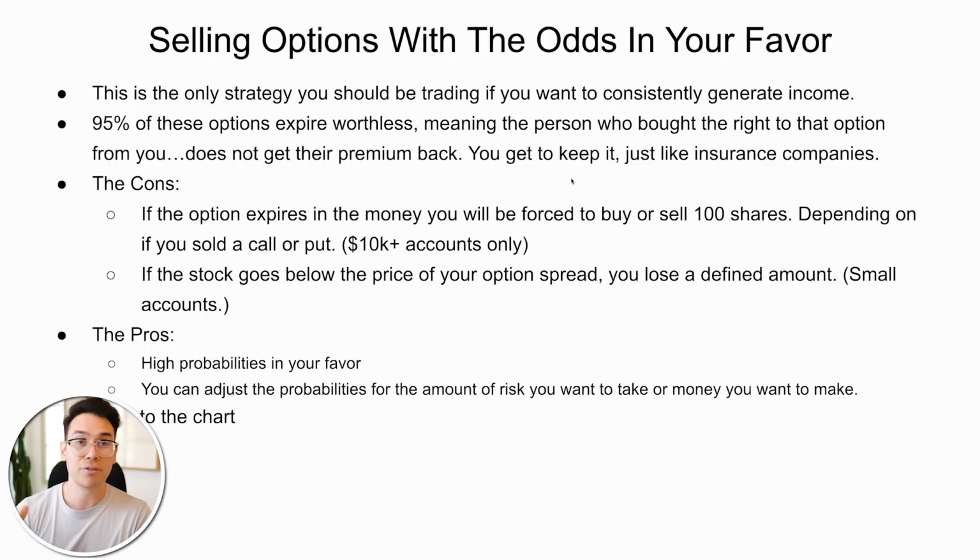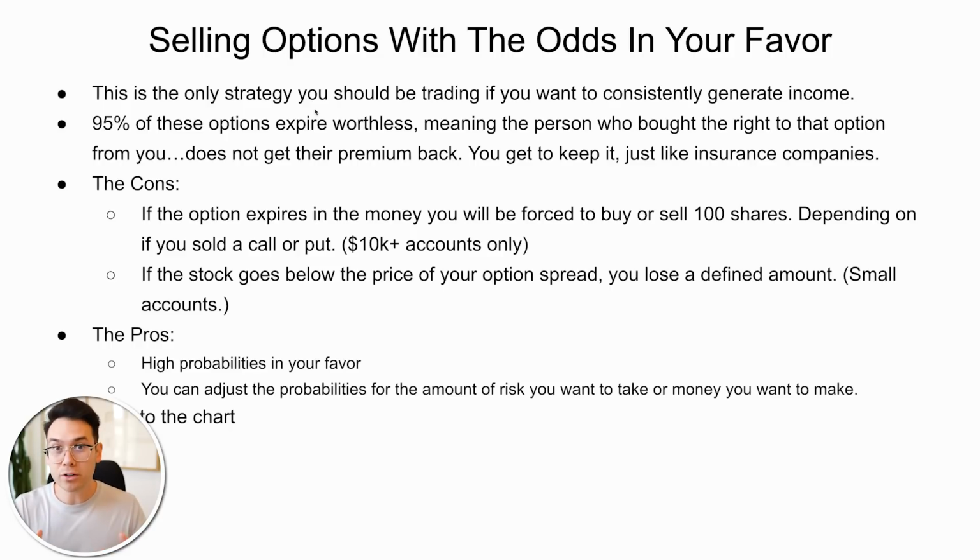When I discovered this strategy, it changed the direction of my life. In fact, I've been able to essentially retire and live off the income that I generate from selling options. So this is the only strategy you should be trading if you want consistent income every month, every week, and every year, all right? Now, I do not day trade.